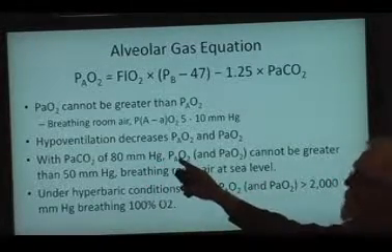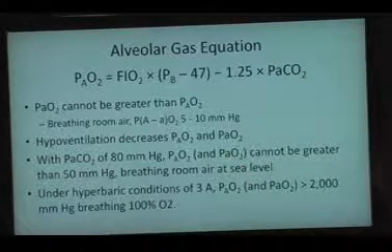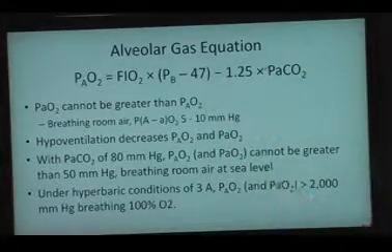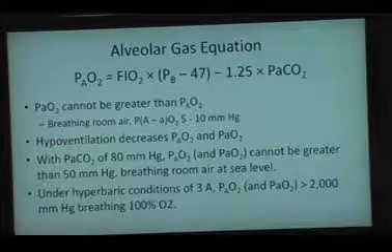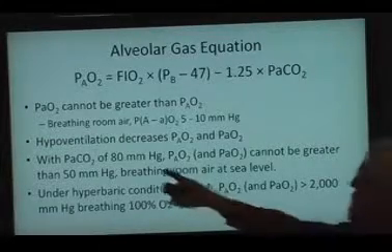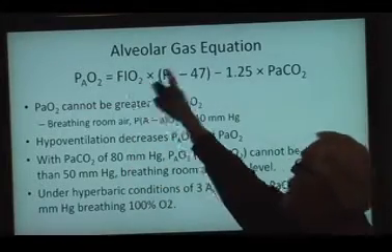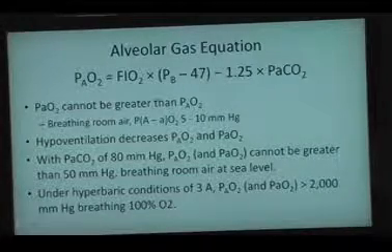The alveolar PO2, and hence the arterial PO2, cannot be greater than 50 millimeters of mercury. And if you don't believe me, do the math yourself. Hopefully I did the math correctly. I think I did. So the alveolar PO2 will be about 50 if your PCO2 goes to 80 and you're breathing room air and barometric pressure is 760.